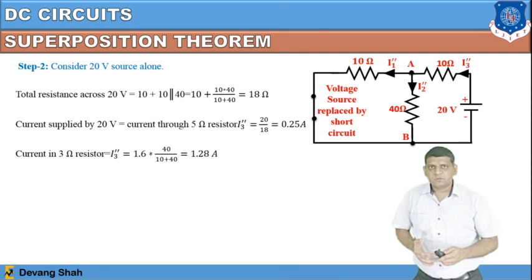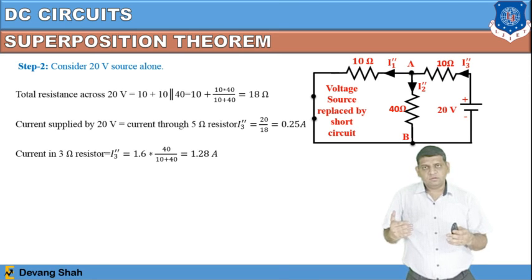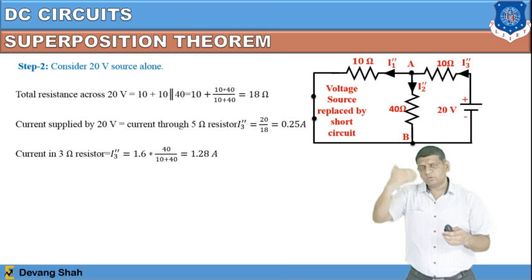Again, the current which is passing through the 5 ohm resistance is 0.25 ampere, that's the total current, and from this you can find the I3 dash current using the current divider rule. So ultimately the two currents are passing from terminal A to B, from top to bottom.